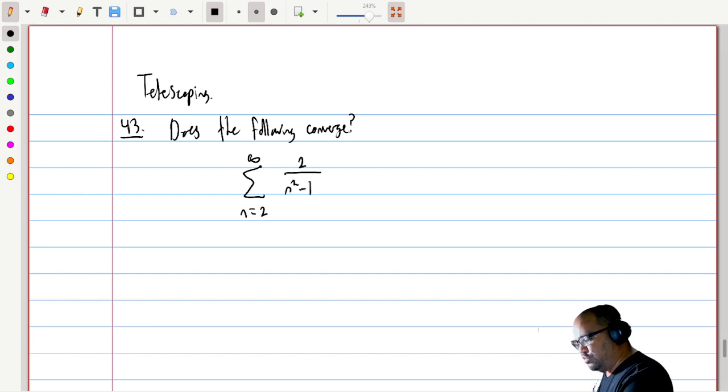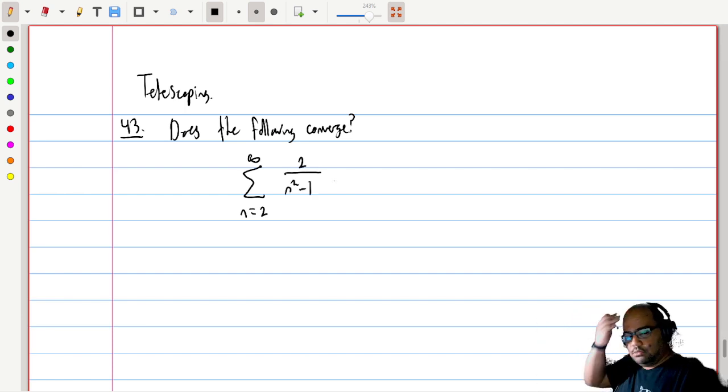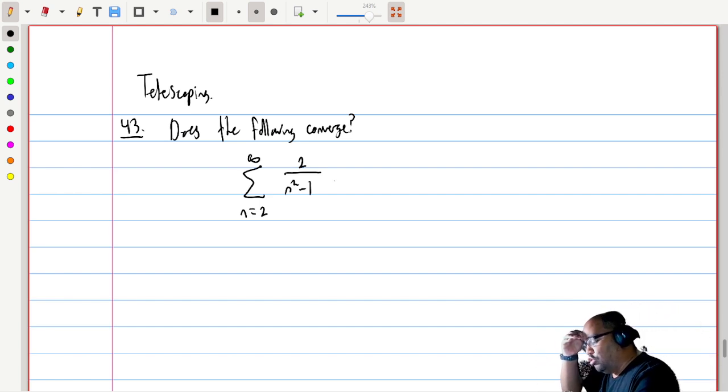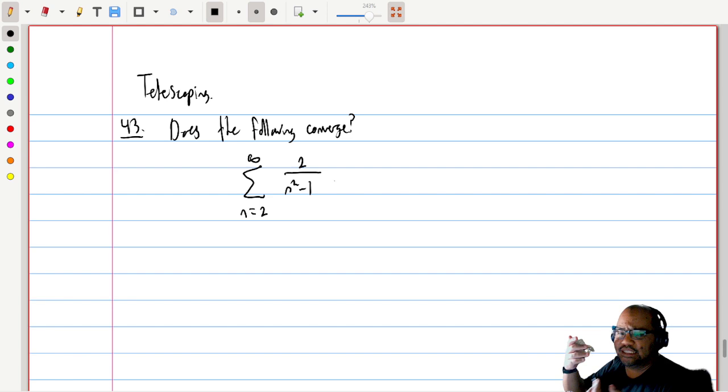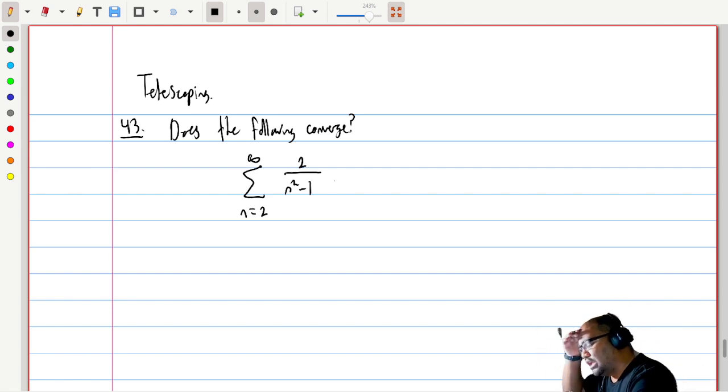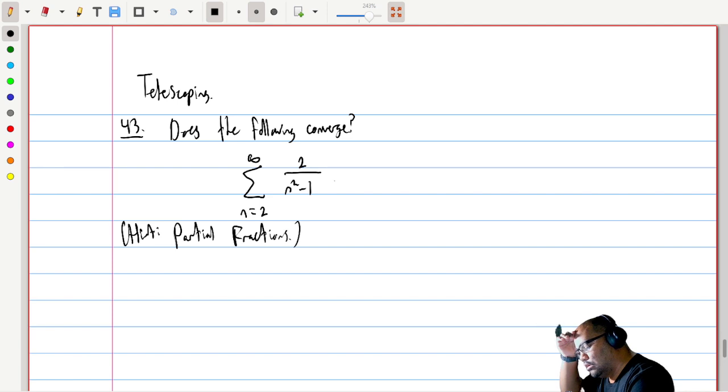This is similar to a question we had in the summer. The summands look a little funky, but if you realize that you can factor, the hint here is partial fractions. So we use partial fractions here.